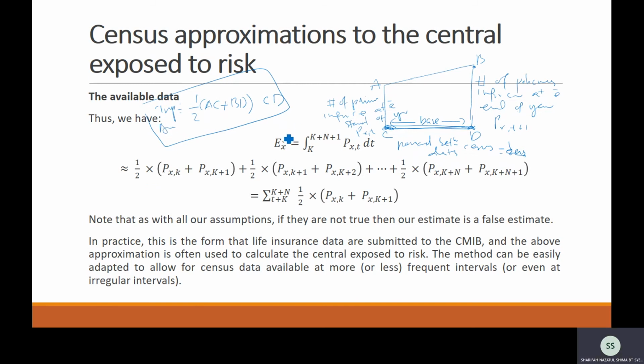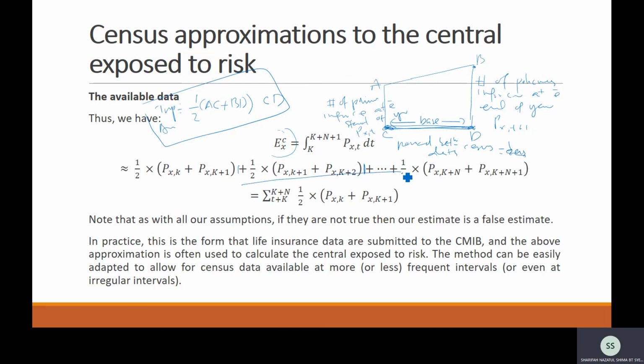So the central exposed to risk, the integral from K to K plus N plus 1 of PXT dt, is approximated by half times (PXK plus PXK plus 1) times 1 year, the base, plus half times (PXK plus 1 plus PXK plus 2) times 1 year, and so on.